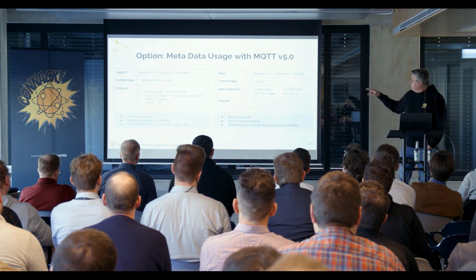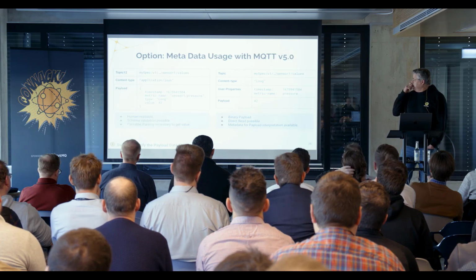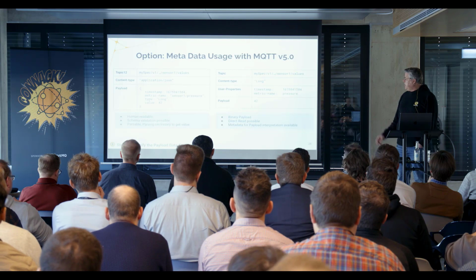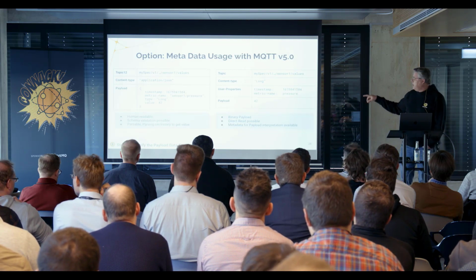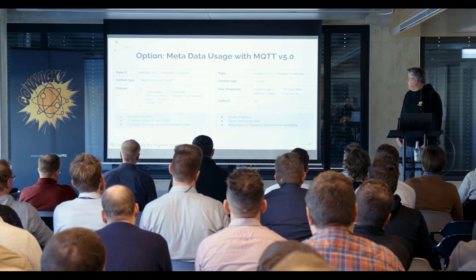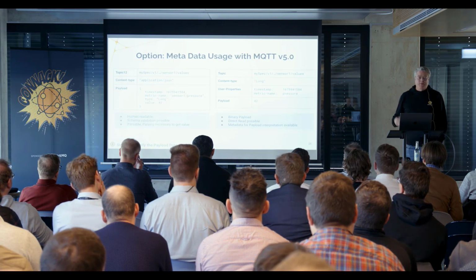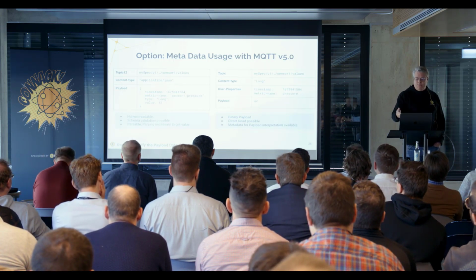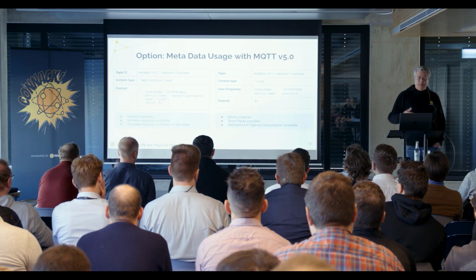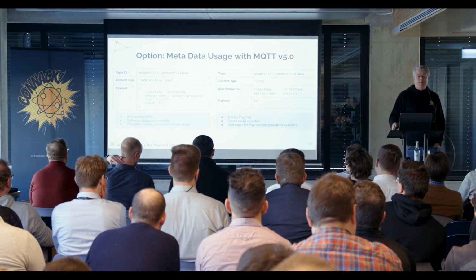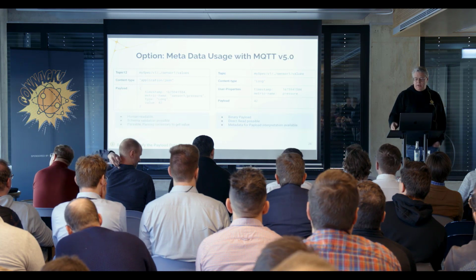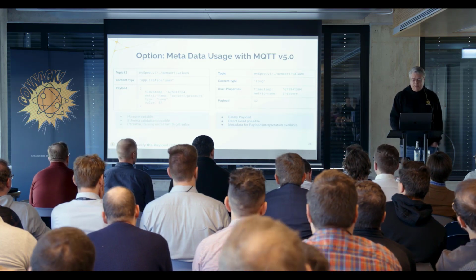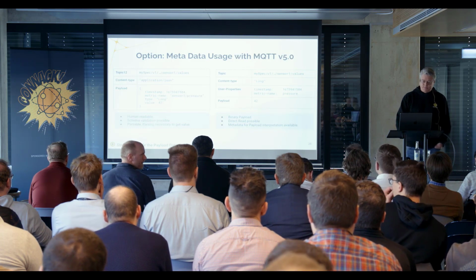And it also makes use of user properties. So in the first example, the timestamp and the metric name is part of the payload. And in the second example here, the timestamp and the metric names are part of the user properties. So you can subscribe to this topic in order to just receive the actual value, and you have a more detailed description in the user properties here.